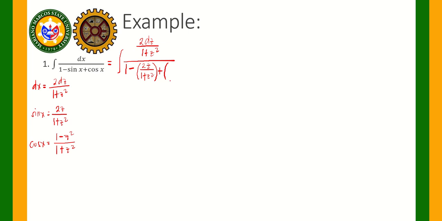Plus, our cosine x, that is 1 minus z squared all over 1 plus z squared. And we simplify, then we proceed to integration. Okay, so we simplify this one. So we integrate in terms of z, since we have dz here and our variables are all in z.